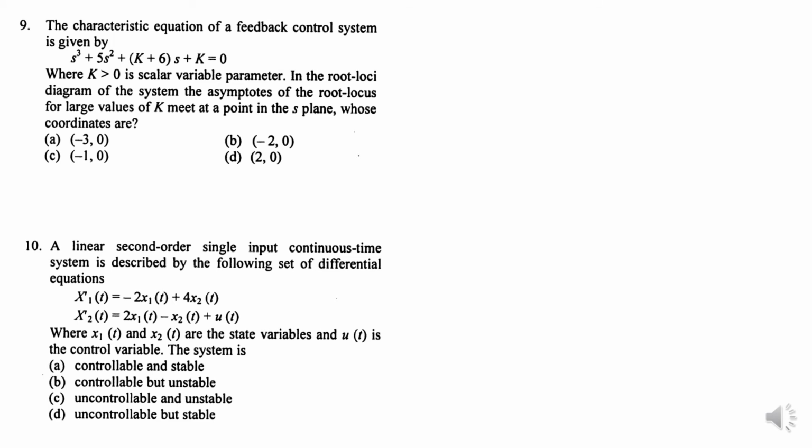In the root loci diagram of the system, the asymptotes of the root locus for large value of k meet at a point in S-plane whose coordinates are. So this is the characteristic equation given. I have to write it. First of all, I have to expand this: 5s square plus ks plus 6s plus k equal to 0.